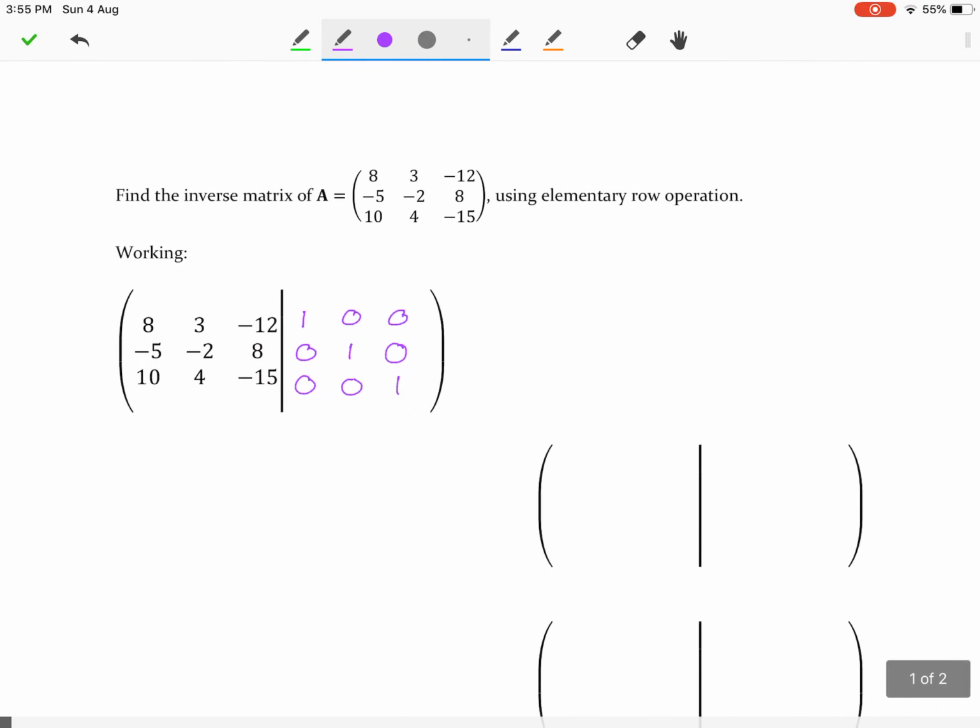If you look at this value, our target is to get this at the end, so it means that we need to change 8 into 1.